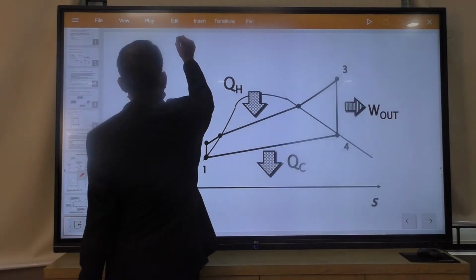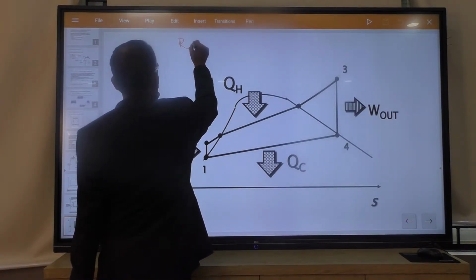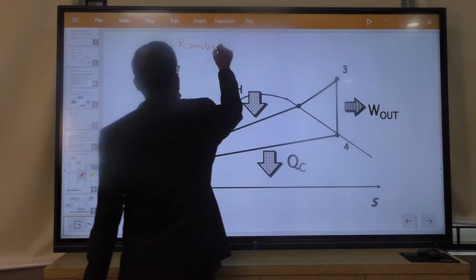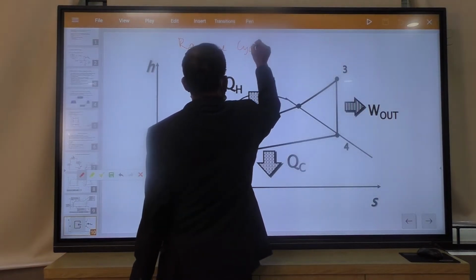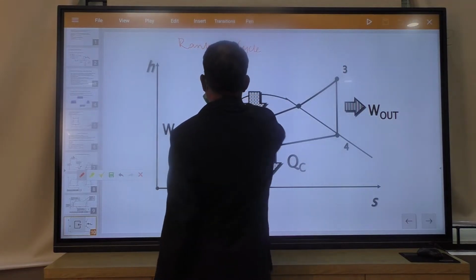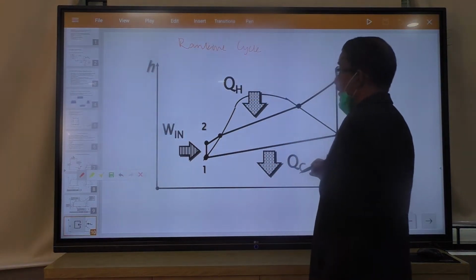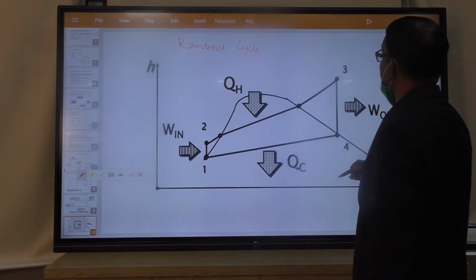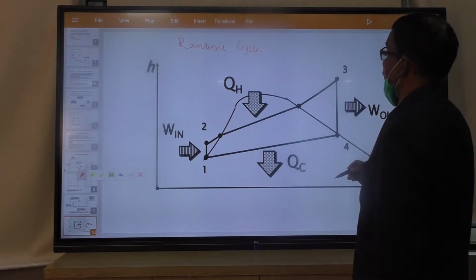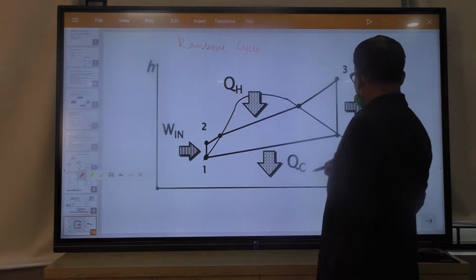This is also your Rankine cycle, the ideal cycle explained in HS diagram, enthalpy-entropy diagram.